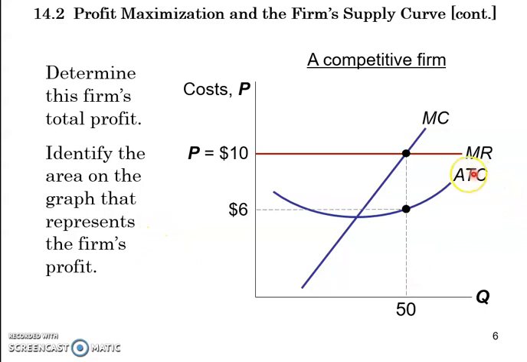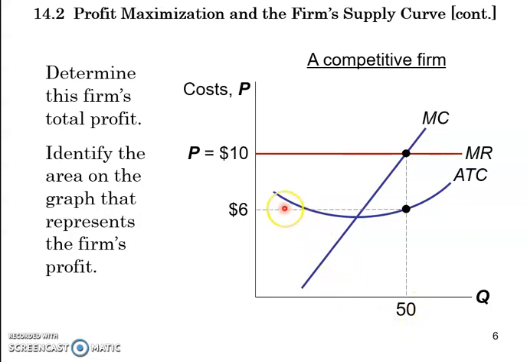Again, the most important point is still the intersection between MC and MR. That gives us the profit maximizing point. In this specific example, we know that the price is $10 per unit, and the profit maximizing quantity, if you go down here on the horizontal axis, you find it's 50. So the firm should produce 50 units.